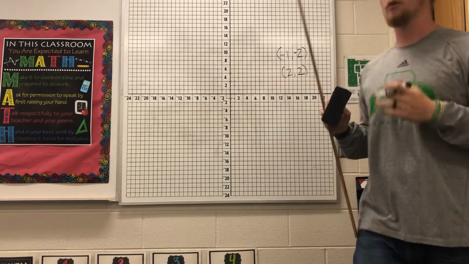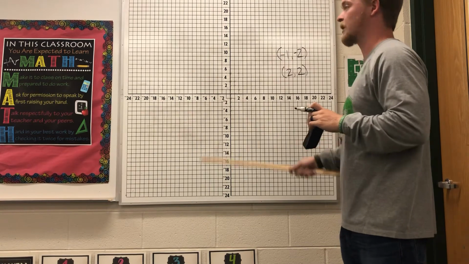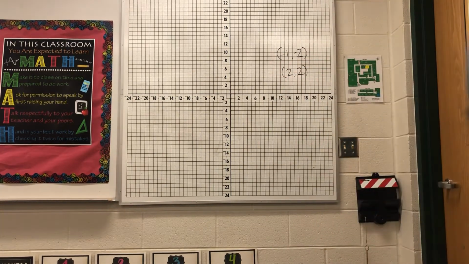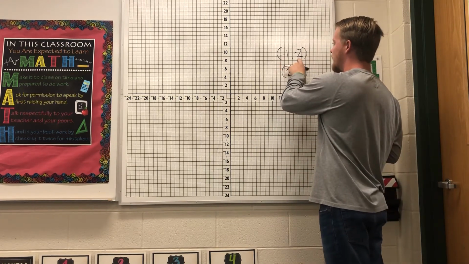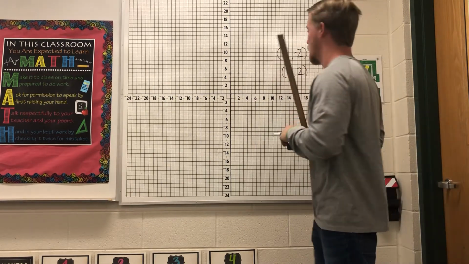Take a second, pause the video, try and graph those, and find the slope. First describe the slope, then find the slope of that line. I know it's hard to see on this: this is -1, -2, and 2, 2, if you can't see that.